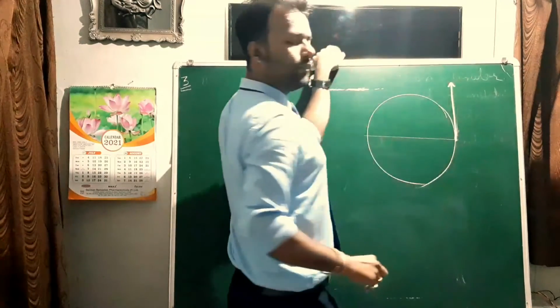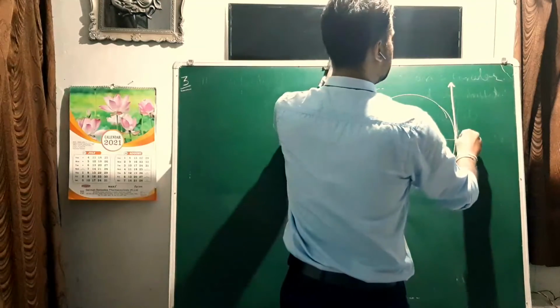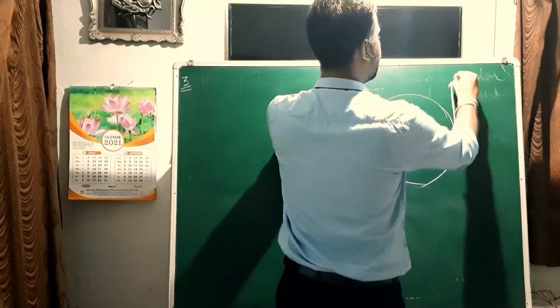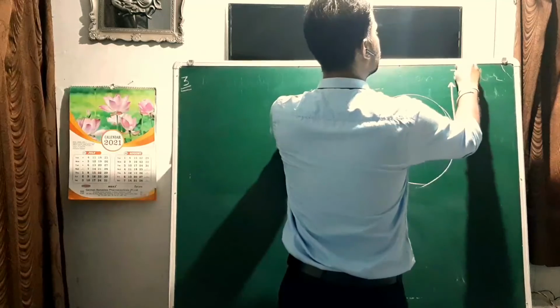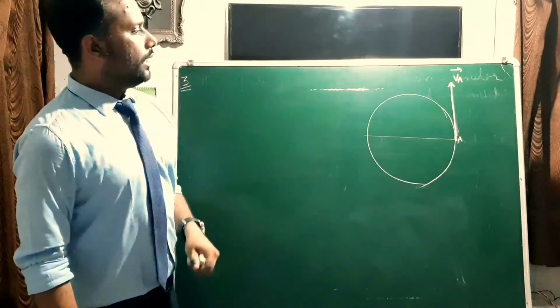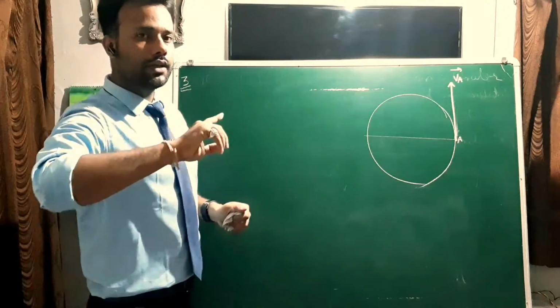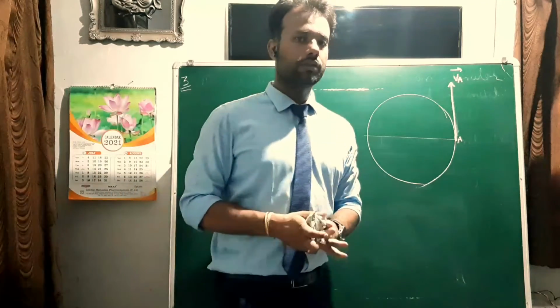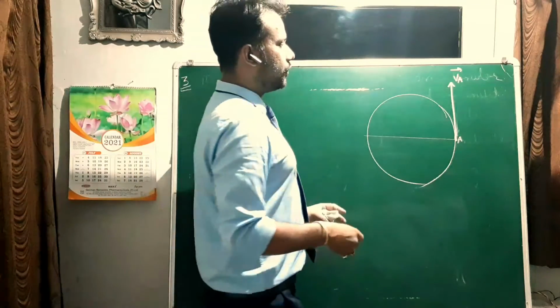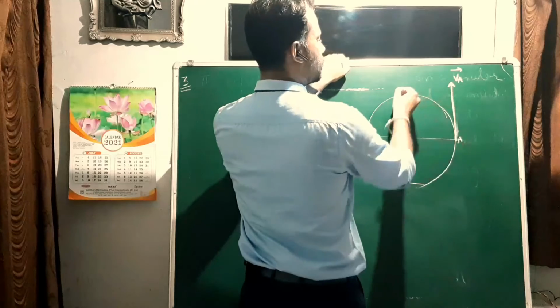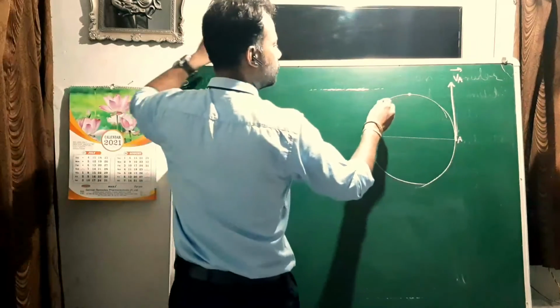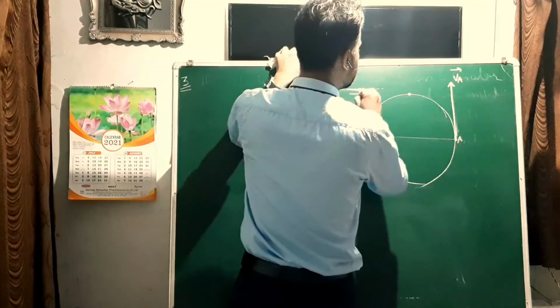toward north. Let's say this is point A, and the velocity is VA, right? Then it says that after traversing 1/4 of the circle, so obviously 1/4 means the particle reaches that point. This particle is now moving in this direction toward east.